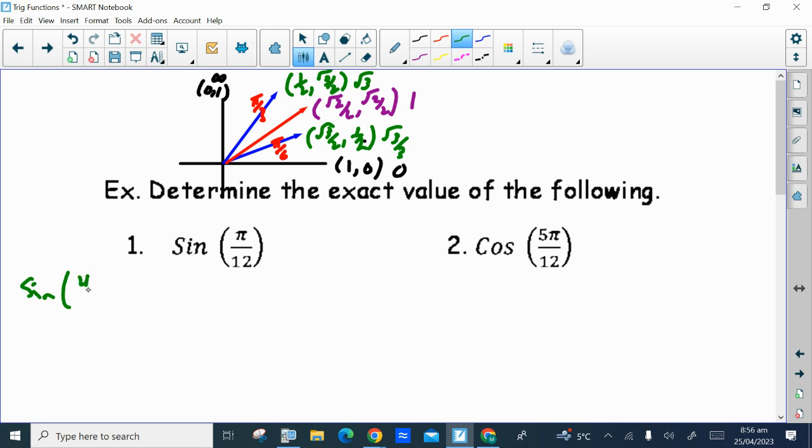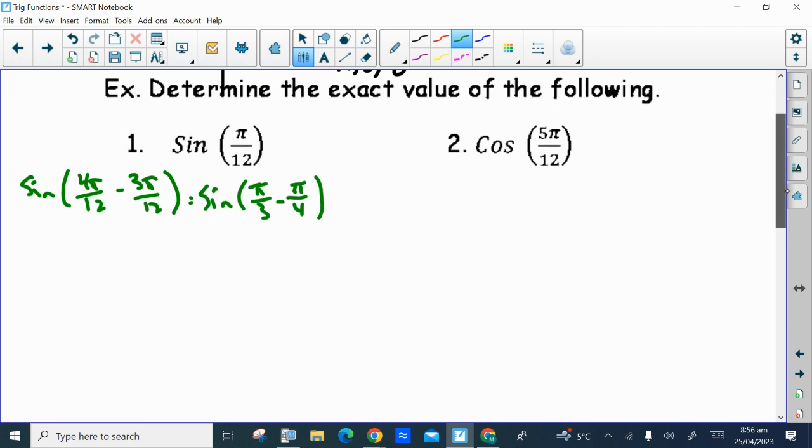In this case, 4 pi on 12 minus 3 pi on 12 does give you 1 pi on 12. And the reason this works is because when you reduce those angles, it'll be the sine of pi on 3 minus pi on 4. Those two angles are on the unit circle.